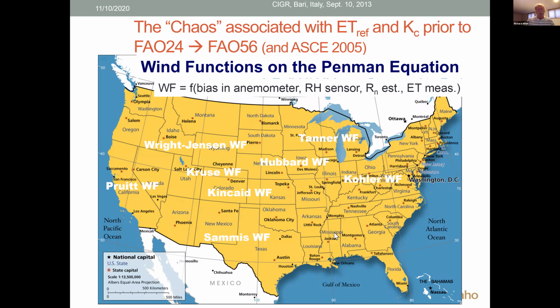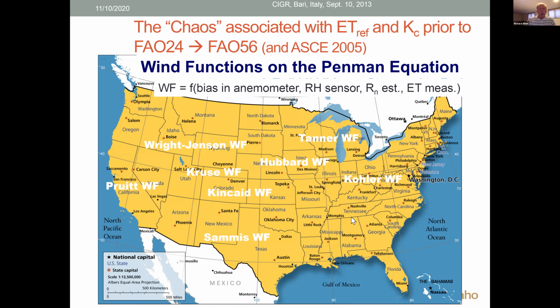Some of the reasons for standardization: if we go back into the 1970s, this is just a map that shows just a few of many wind functions that had been derived for the Penman equation by local research groups. Pruitt in California, Jim Wright, Marvin Jensen in Idaho, Gordon Cruz in Colorado, Dennis Kincaid in Colorado, Ken Hubbard in Nebraska, Tanner in Wisconsin, Kohler with the Weather Service, and Ted Samus down in New Mexico.